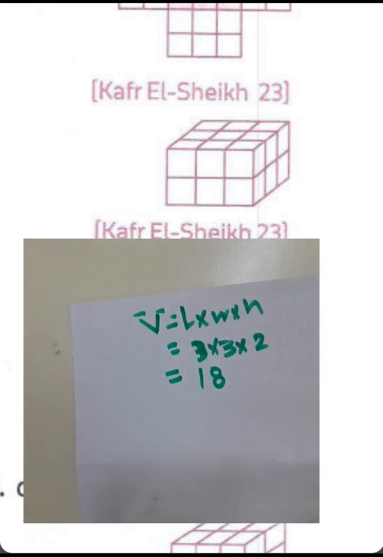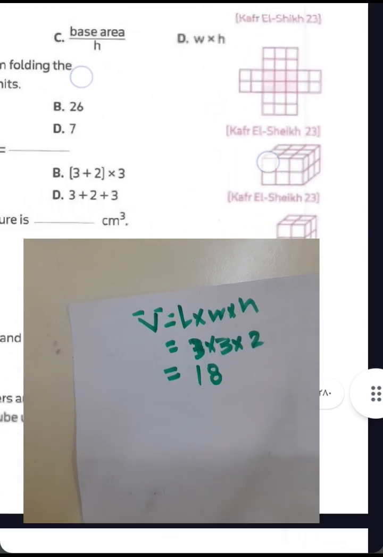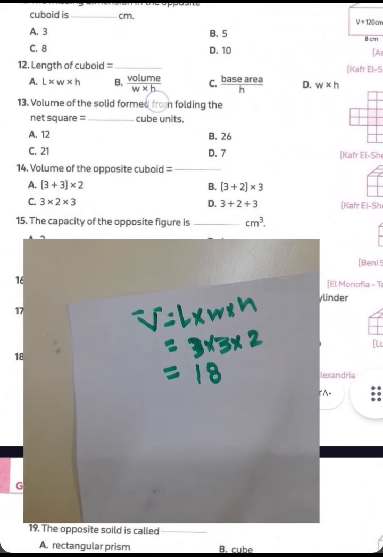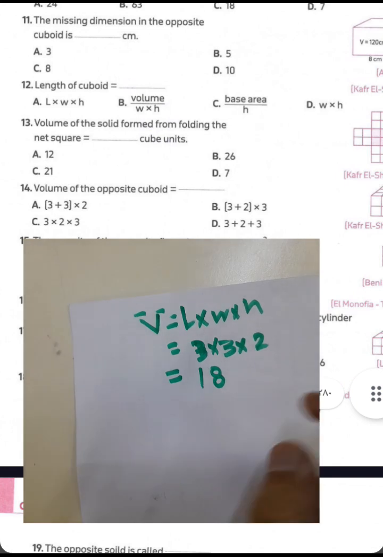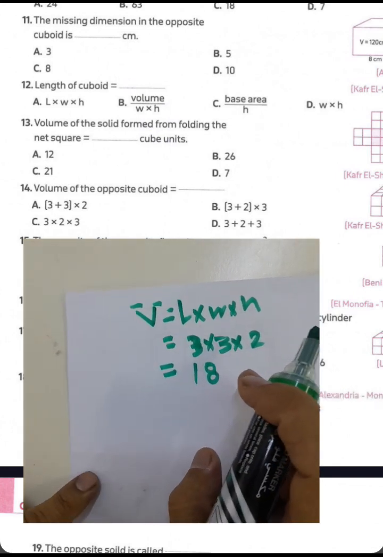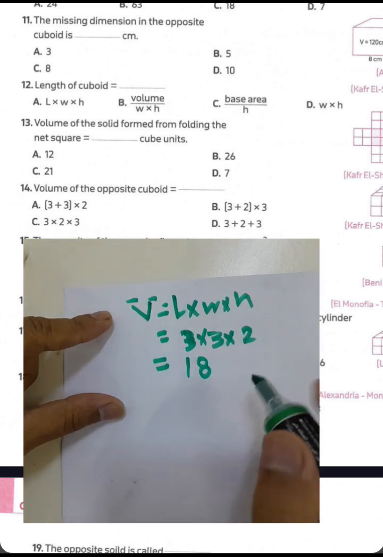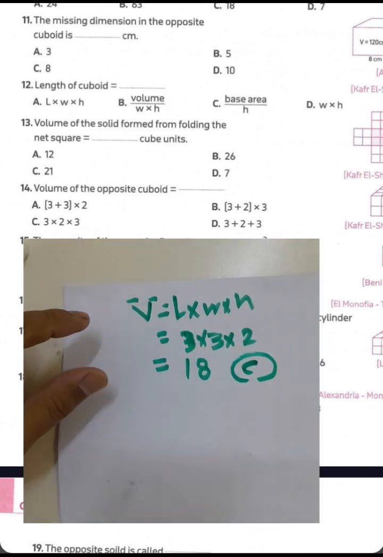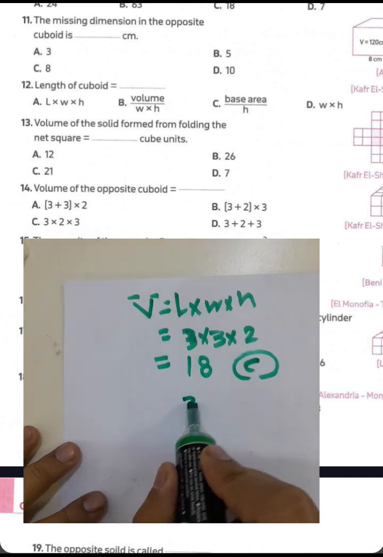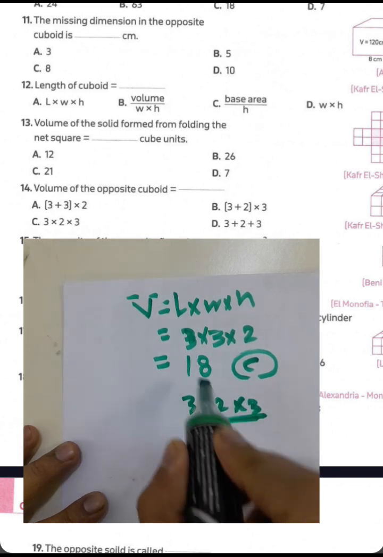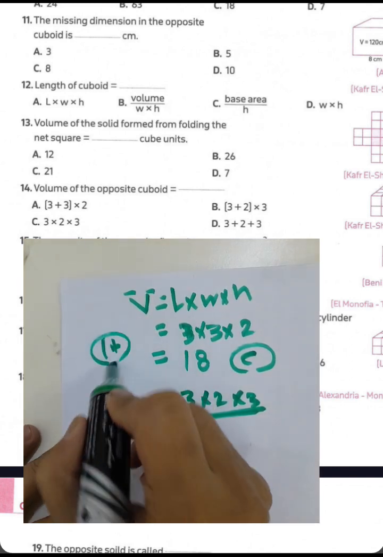Then the volume will be 18 cubic units. We can write 3 times 2 times 3. Choose letter C. The volume here will be 3 times 2 times 3. Choose letter C for question number 14.